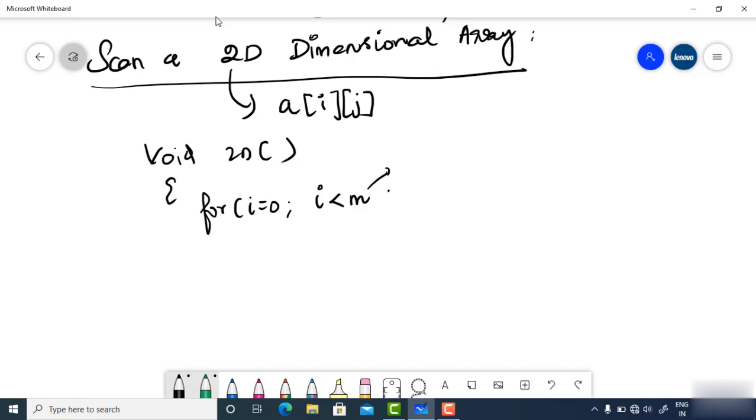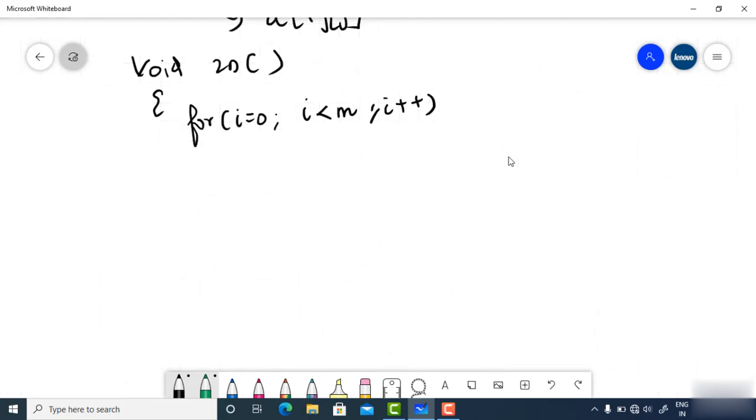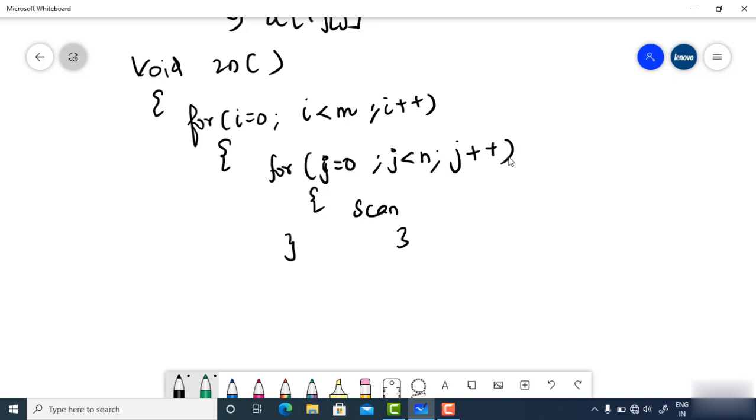Inside this for loop I should have one more for loop. Again, it is not independent. Inside this for loop I am having one more for loop, and it goes up to the number of columns. Inside this only I have to scan the elements.